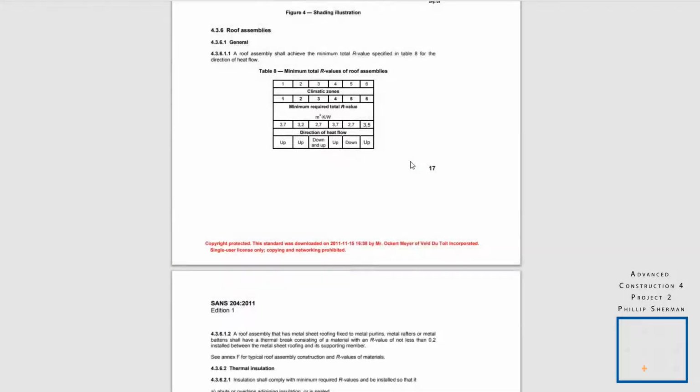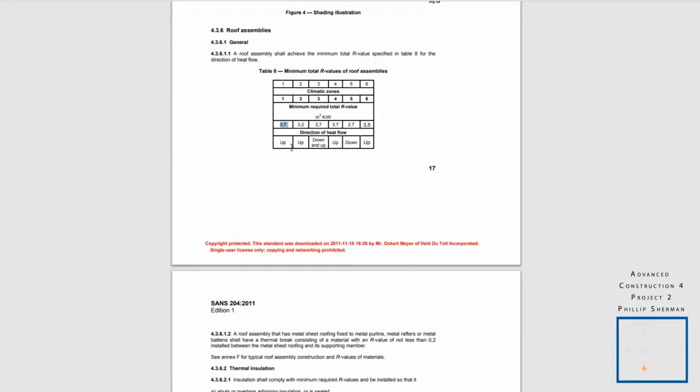So if you look at my screen, for where we have the roof assemblies in SANS 204, 4.3.6 roof assemblies, Table 8, what is the minimum total R values of roof assemblies? Remember, I'm in climatic zone 1, so I have a minimum requirement of 3.7.